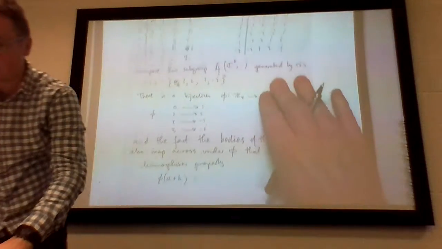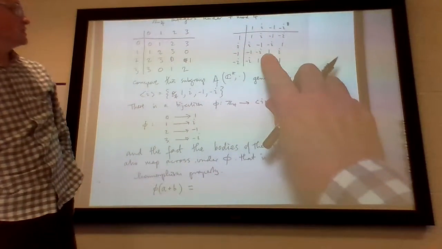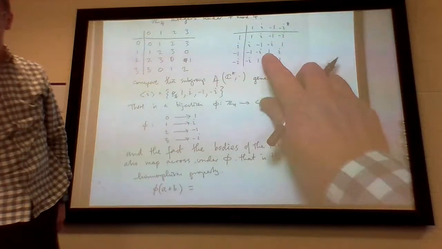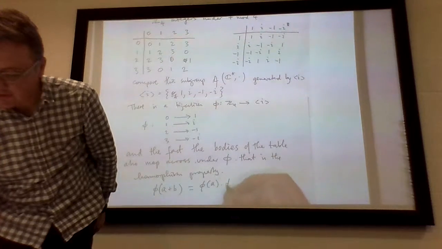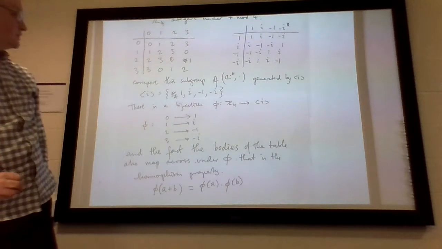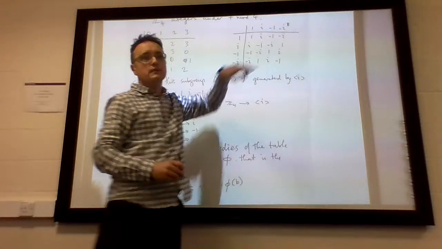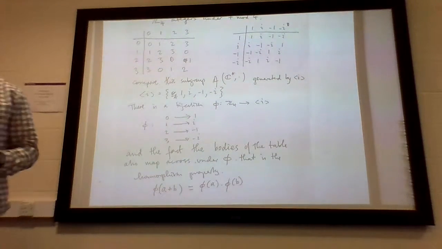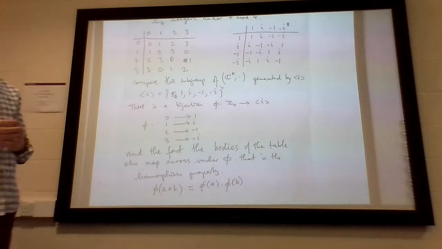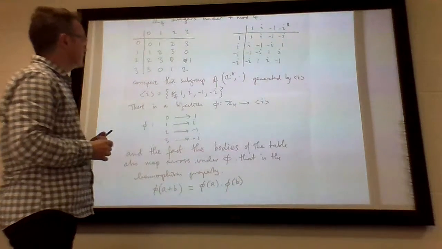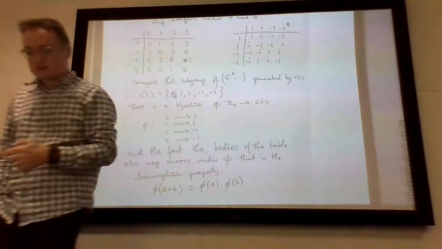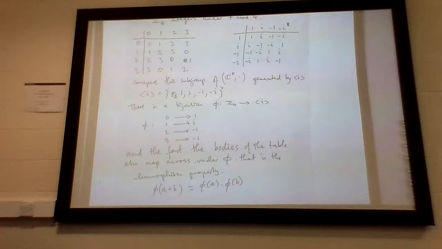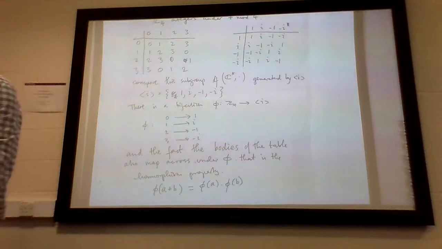But because everything maps across consistently, the thing at position phi of a plus b over here will be phi of a, the row element, multiplied by phi of b, the corresponding column. So again, those groups are isomorphic: the integers under addition mod 4 and the complex numbers generated from the imaginary number i.